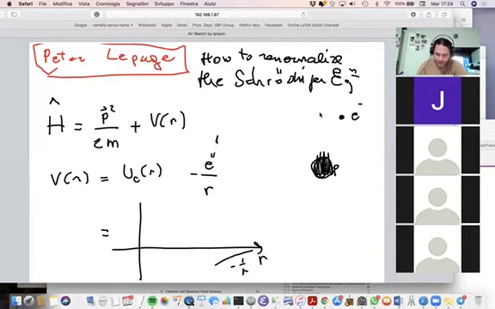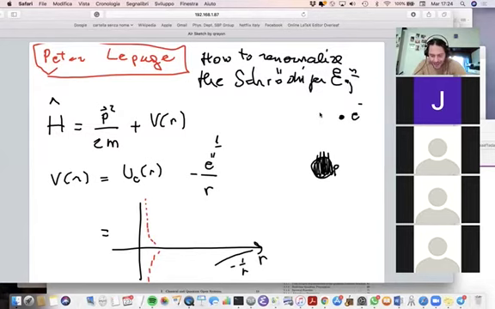Let's say e is equal to 1. And we know that at some short distance, something else is going to happen. Maybe the potential is strong and attractive, or maybe it's strong and repulsive. I don't know. I don't want to tell you. As a matter of fact, I really don't know.